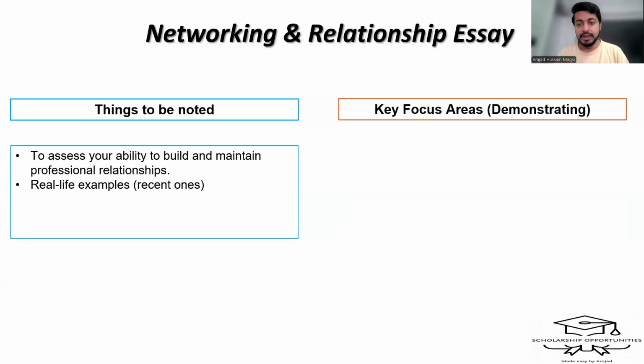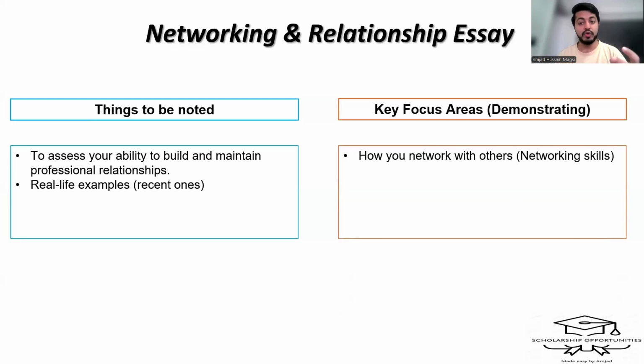Okay, so the key focus areas, what you have to demonstrate in this essay. First, how you network with others. What are the networking qualities, abilities, and skills inside you? How you develop your relationships with your colleagues, with your friends, with your relatives.